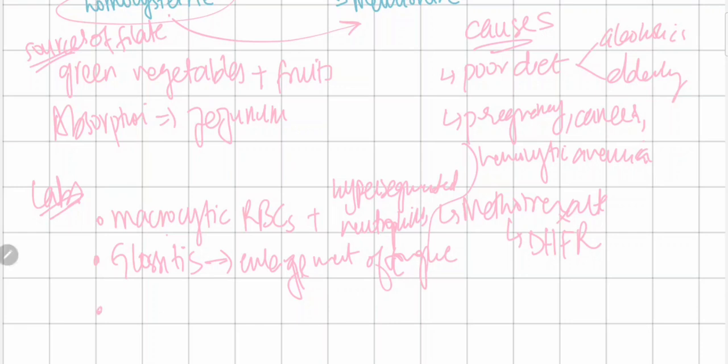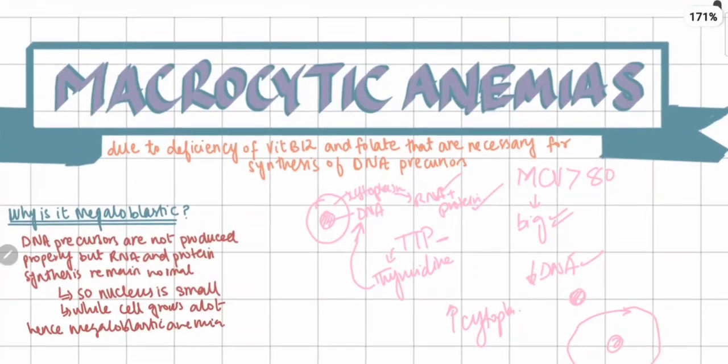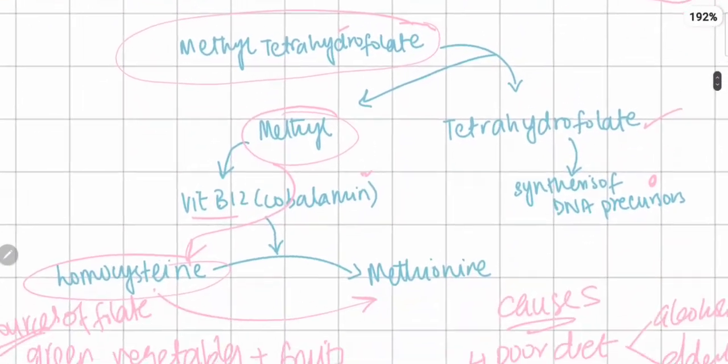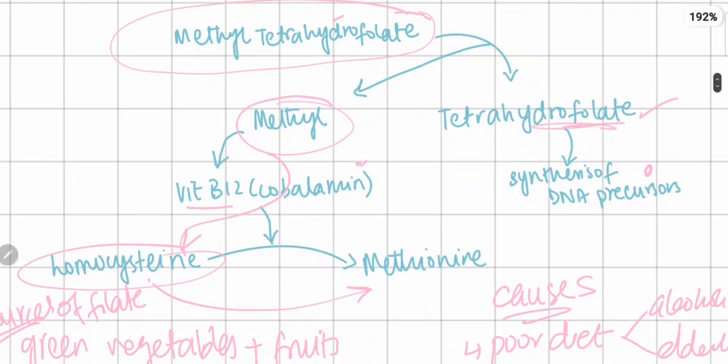Of course, your serum folate is going to be low. And your homocysteine is going to be increased, so serum homocysteine will be increased. Right above, I've told you why that is important: if you don't have folate, you won't have methyl tetrahydrofolate.